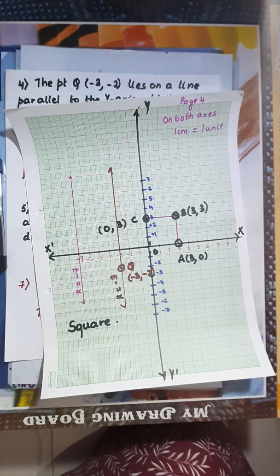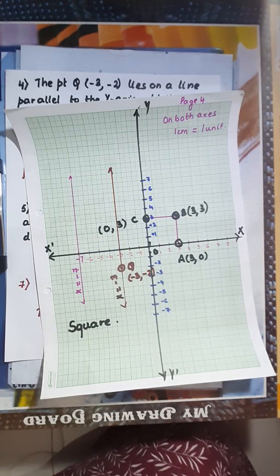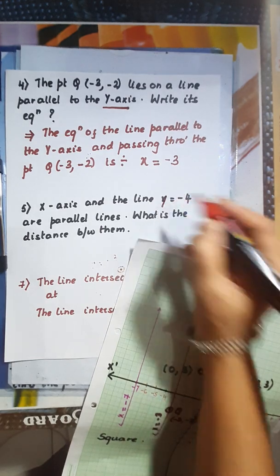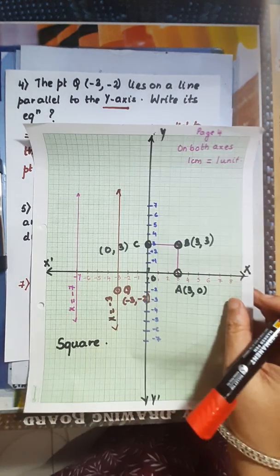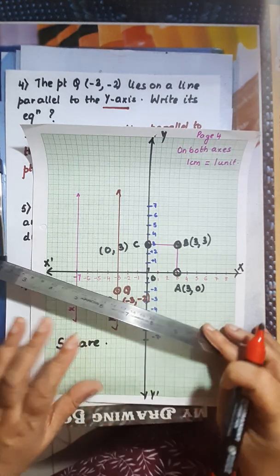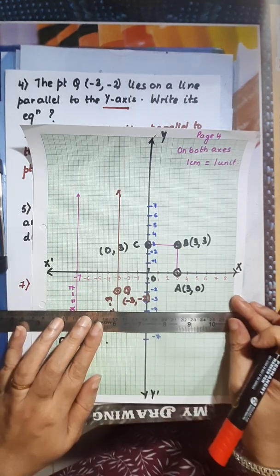Not x is equal to -4, it is y is equal to -4. They are parallel lines. Correct? So y is equal to -4 means it cuts the y-axis at -4.